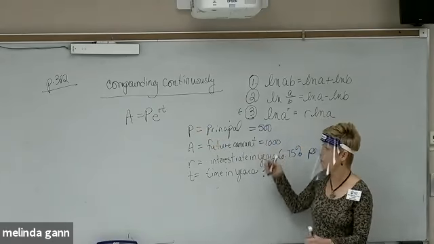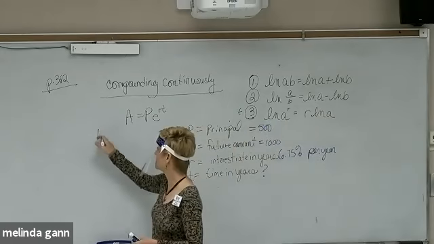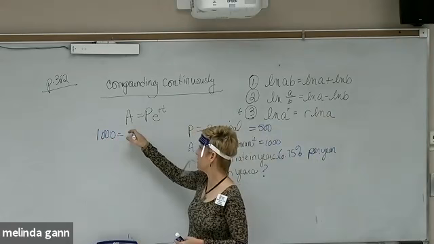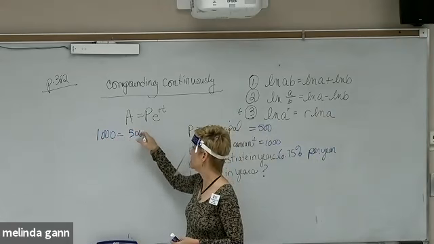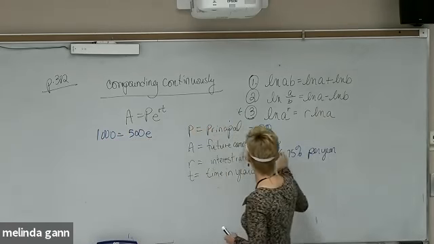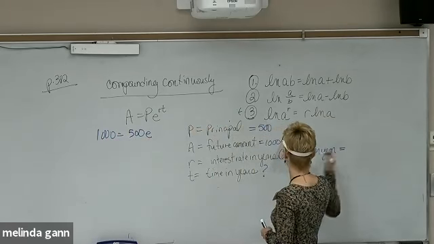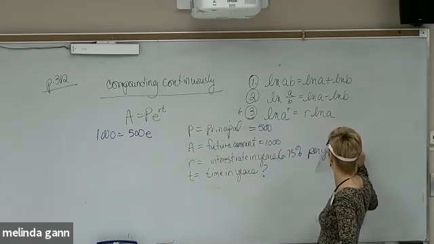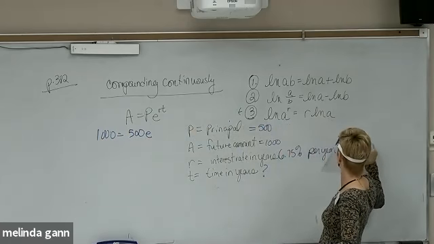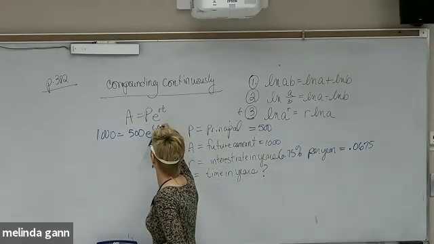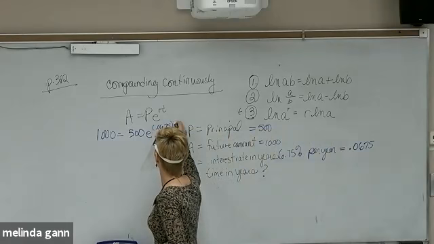My future amount is what? 1,000. And my beginning amount, my P was what? 500. And we have E, and our rate, now our rate is 6.75%, but I got to change that to a decimal. What's that going to be when you change it to a decimal? Point what? 0.0675. And then I've got T.